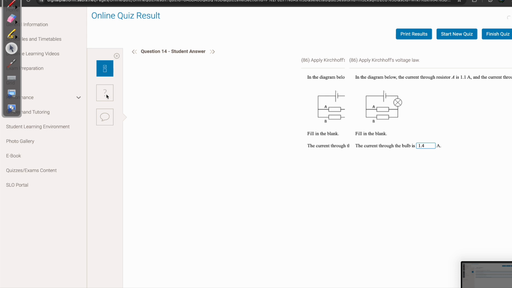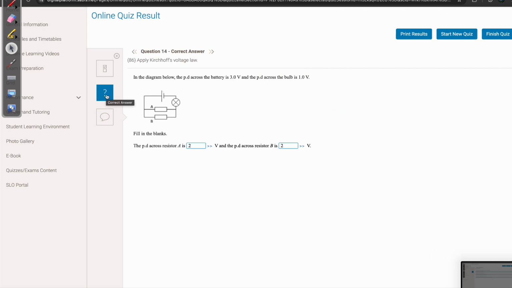Number 14. In the diagram below, the PD across the battery is 3 volts and the PD across the bulb is 1 volt. Again, same thing as last time, but this time they are using voltage.